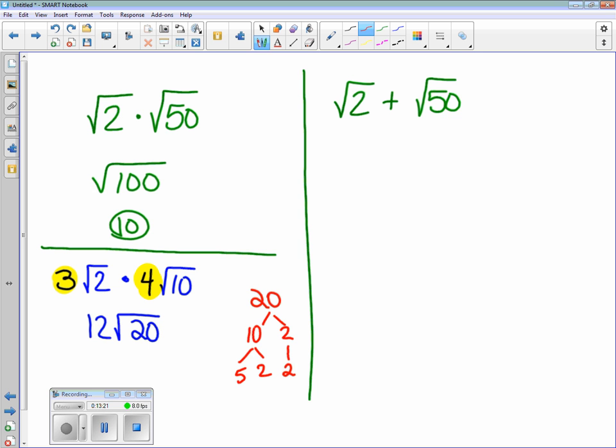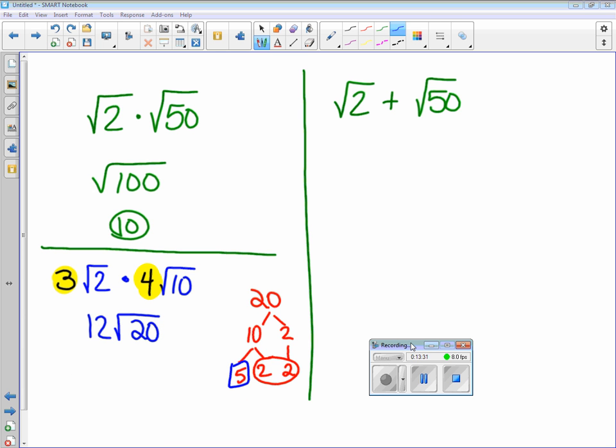Circle my pair, because we're doing the index of 2. And then the 5 stays underneath. So 2 radical 5. Well, there's already a 12 there, though. So 12 times, what number did I bring out? Okay, 2. And then what number stayed underneath? Okay. So this is just 24 radical 5.